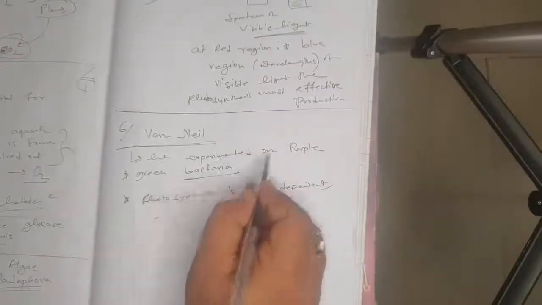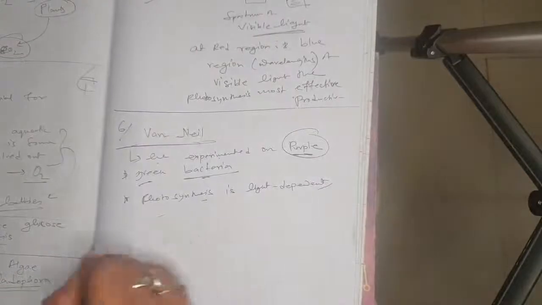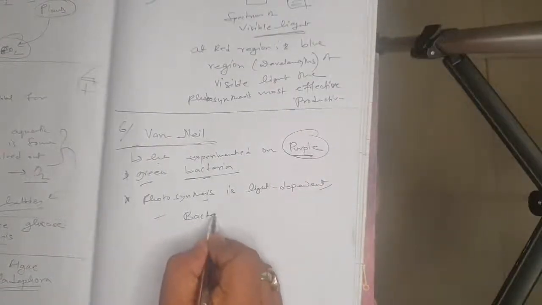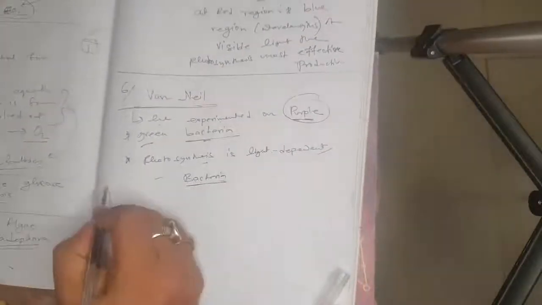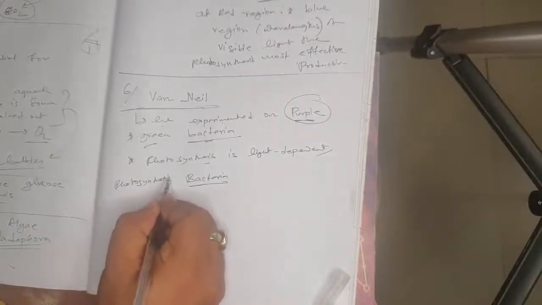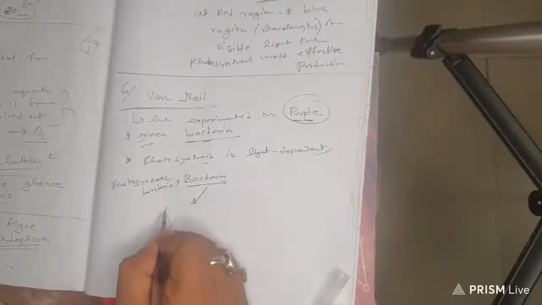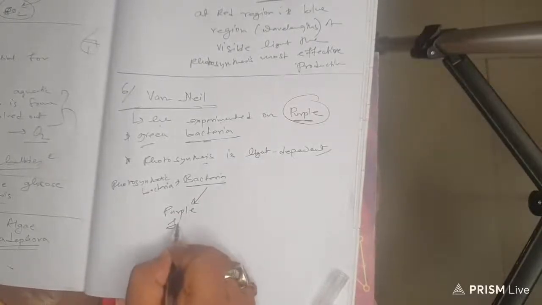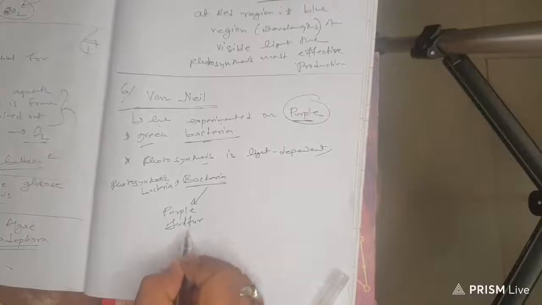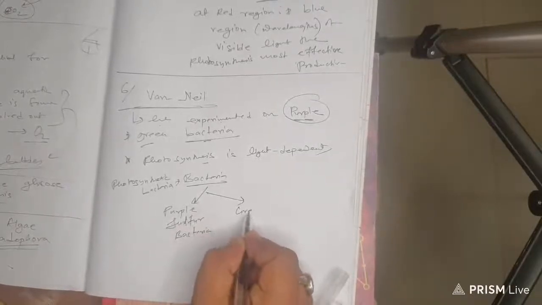Now his experiments on purple and green bacteria, these are types of photosynthetic bacteria which are known as purple sulfur bacteria and green sulfur bacteria.